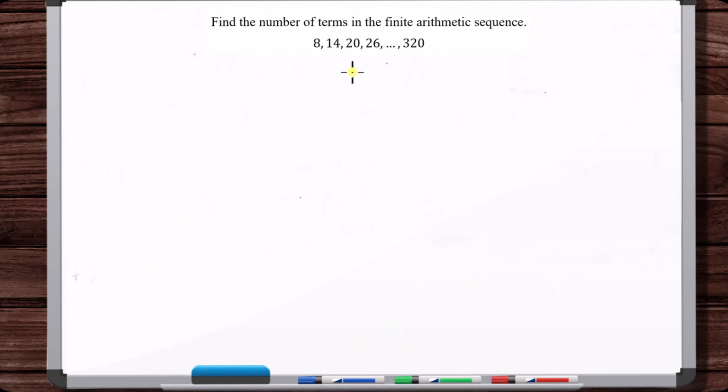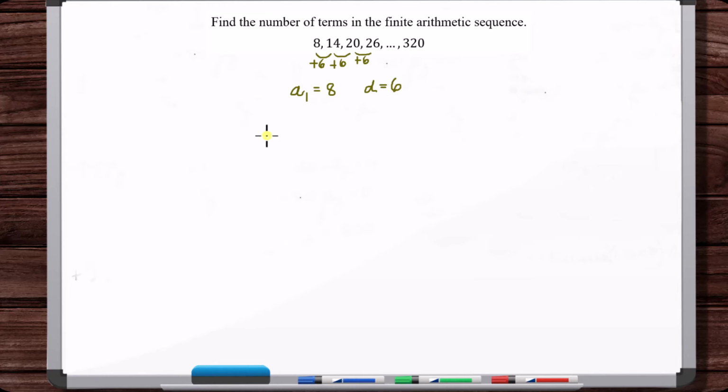Find the number of terms in the finite arithmetic sequence. This goes from 8 to 320, and it's telling us that it is an arithmetic sequence, so there should be a common difference here. Going from 8 to 14, what's 14 minus 8? Plus 6. Yes, this should be plus 6. So for this arithmetic sequence, A1 is equal to 8, and D is equal to positive 6.